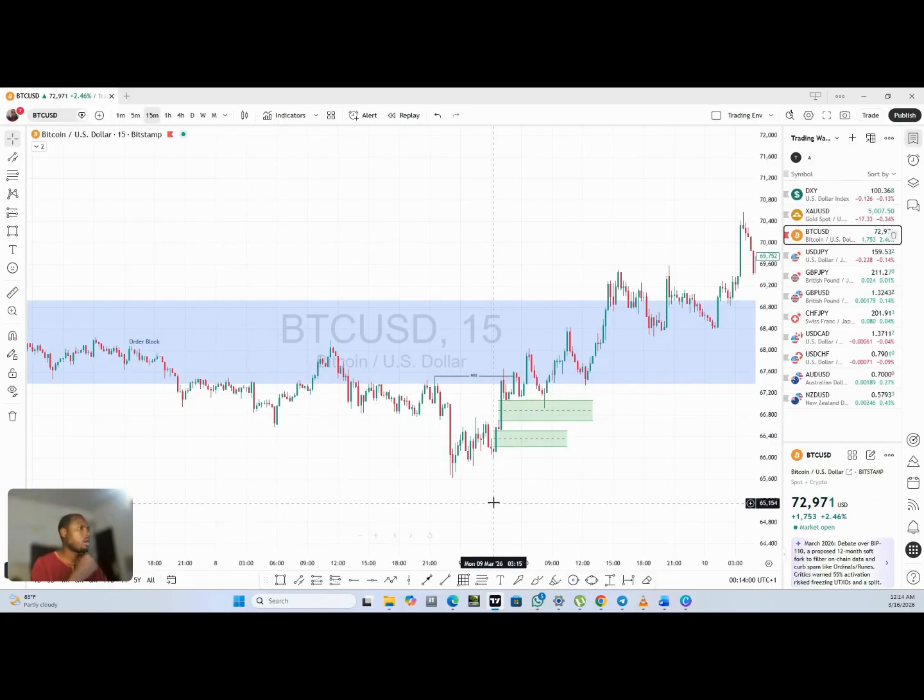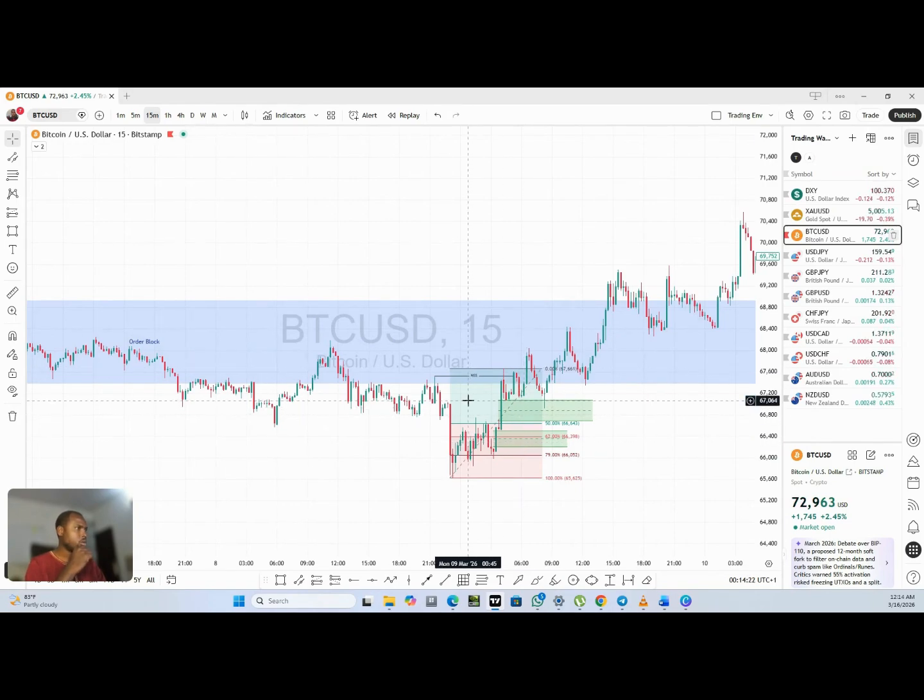Among them, which one are we going to use? Let me use my Fibonacci tool to see which one is inside discount. So clearly you can see this one is not inside discount zone. So that means this one is the valid one. This one is not a valid one.